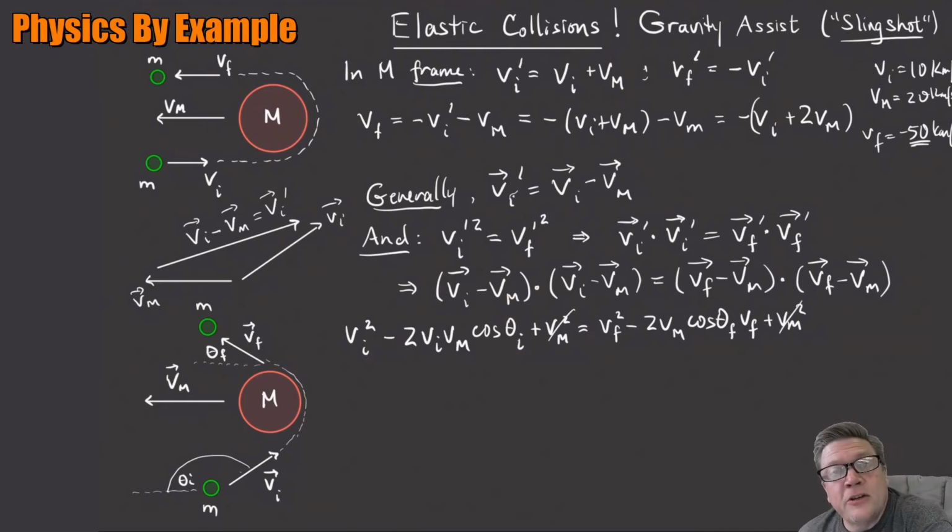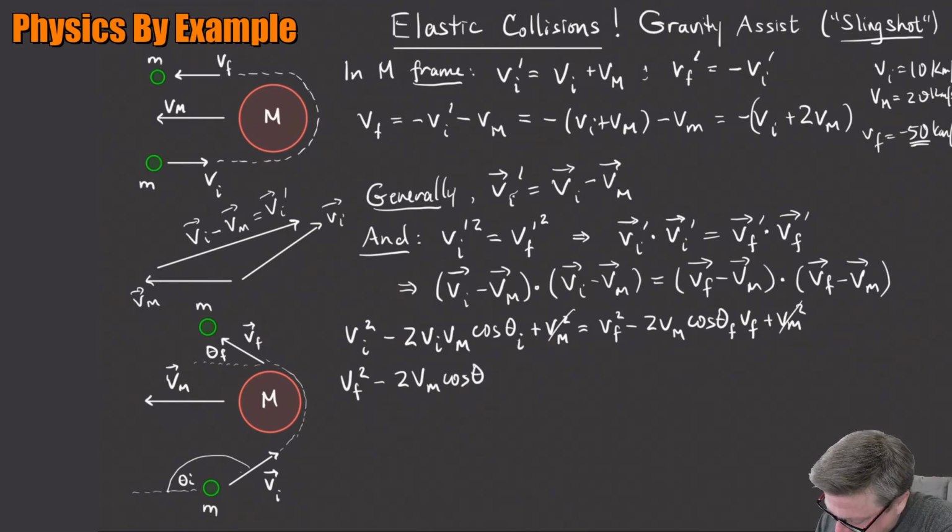So look, this is just a quadratic equation, right? Here's my thing squared, and here is a constant in front of the linear term, and then here's just a big old constant. Let me write this as a quadratic. All the stuff on the right-hand side I'll keep on the right-hand side. So I have Vf squared minus, that's why I wrote it this way, 2 Vm cosine theta final Vf, and bring everything else over to this side.